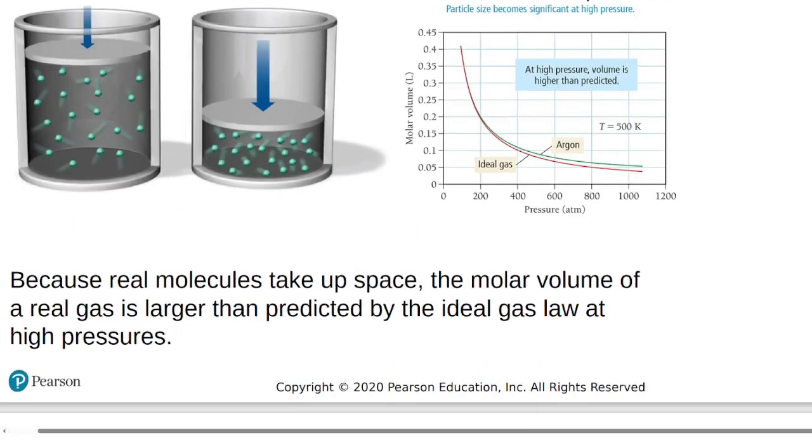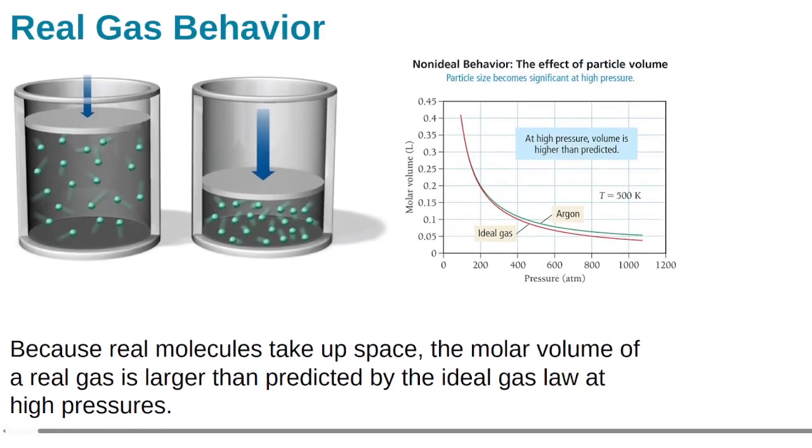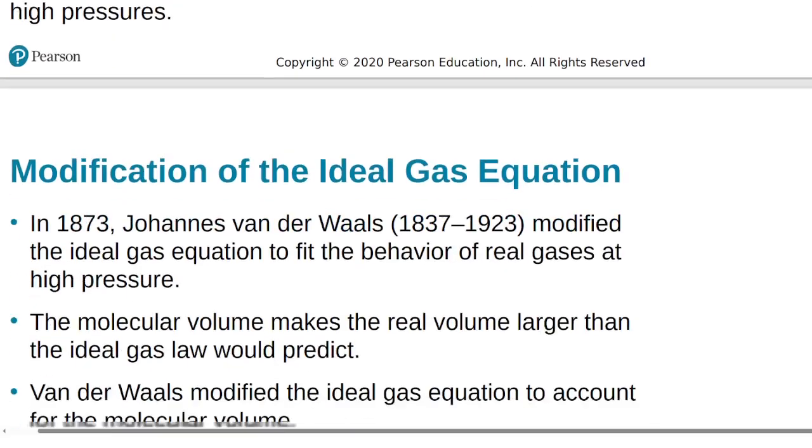So you can see here that at high pressures, the volume is higher than what would be predicted of an ideal gas. That's because the molecules actually do take up space, and their actual size begins to become important at high pressure.